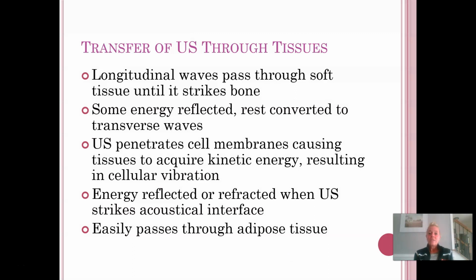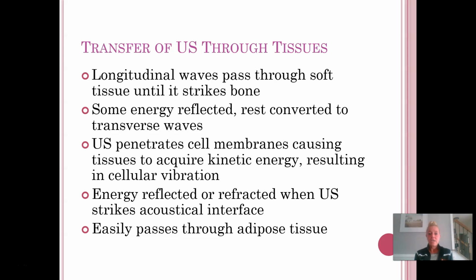So, how ultrasound travels through tissues. Again, it's going to travel through soft tissue as a longitudinal wave unless it would happen to strike bone, which is why we typically don't do ultrasound in the area of superficial bone, because then it would become transverse or shear waves and start to build up too much heat in the area. As you go again through each tissue interface, some energy is going to be reflected, some may be converted to transverse waves.